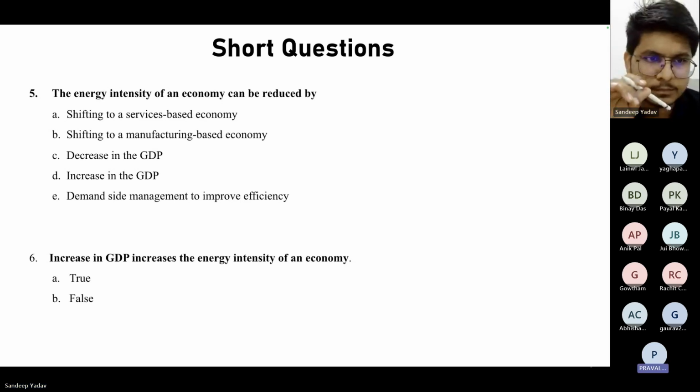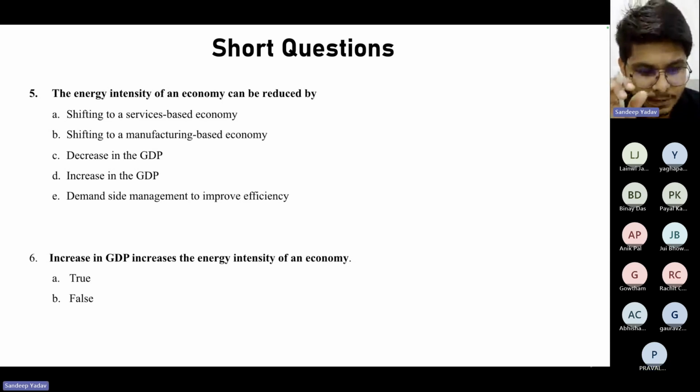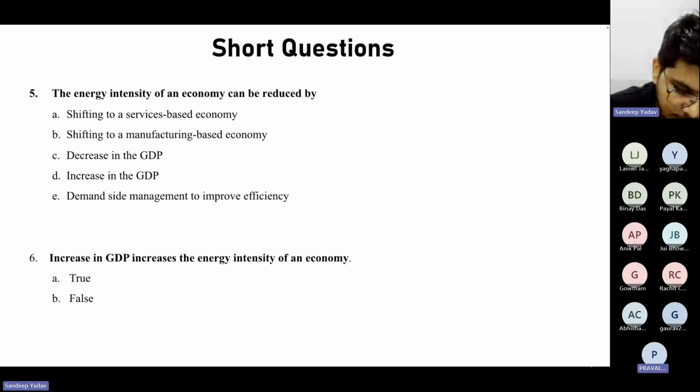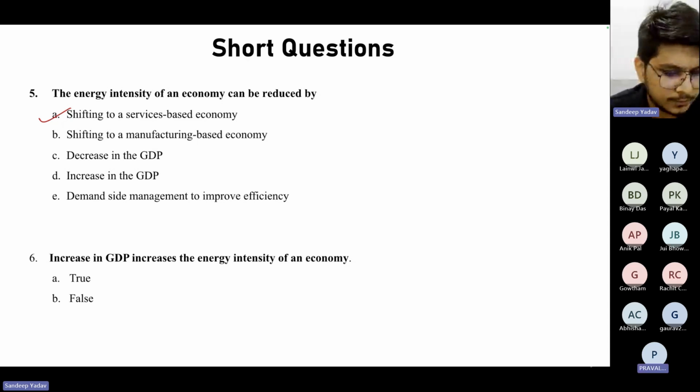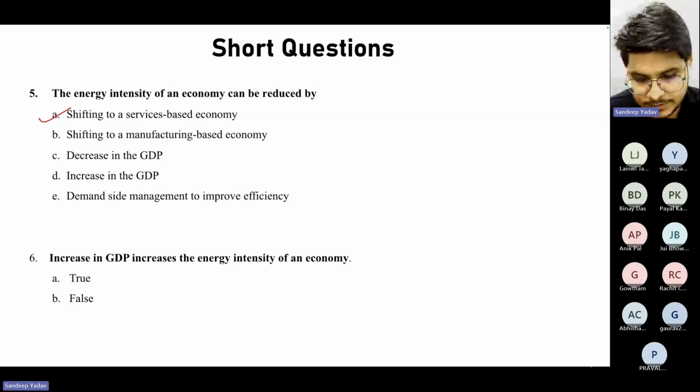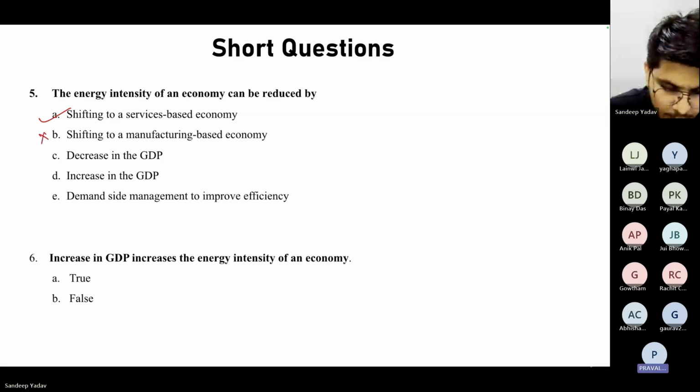Is it shifting to a service based economy? We can reduce the energy intensity, yes, we can reduce it. Shifting to a manufacturing based economy? No, we can't decrease the energy intensity by shifting to a manufacturing based economy.